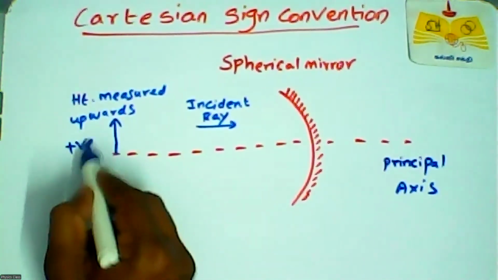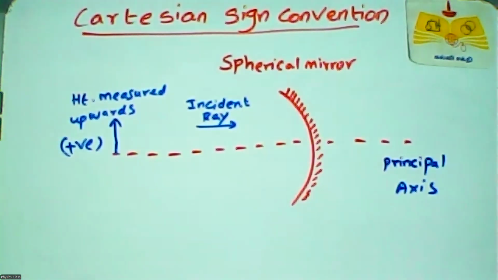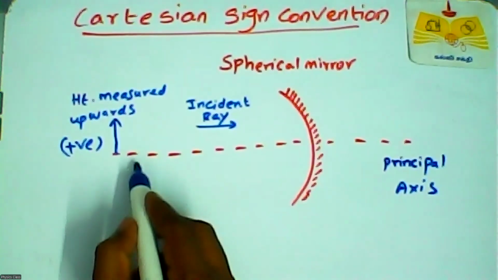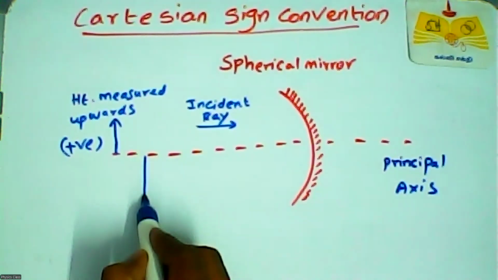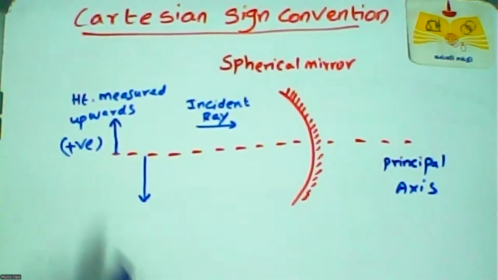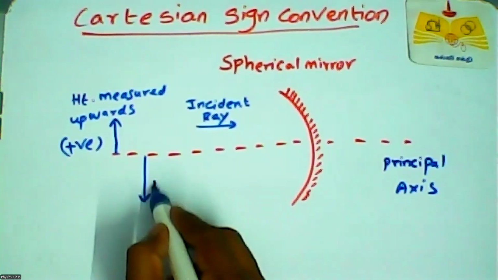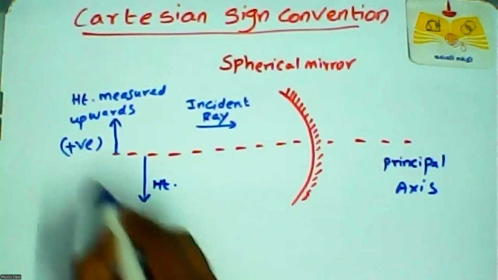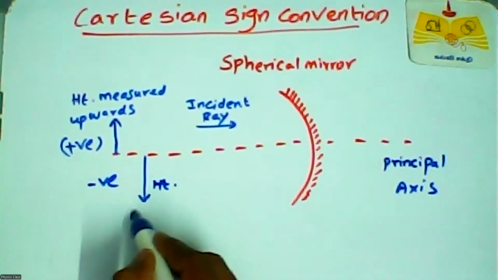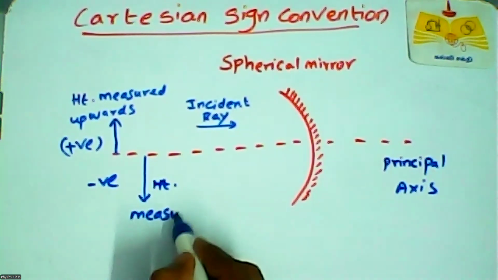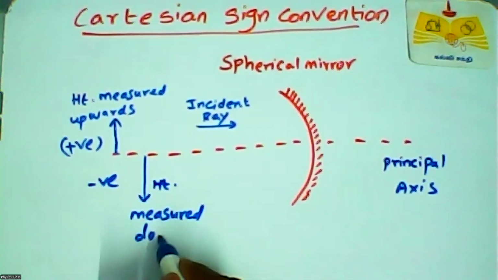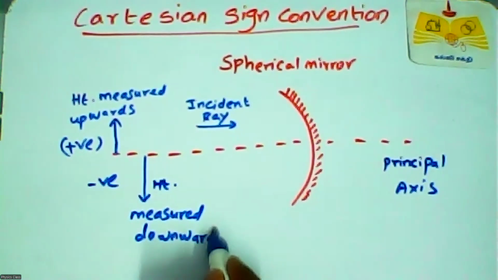So positive. And suppose we need to measure the height downwards, in that case it is negative.